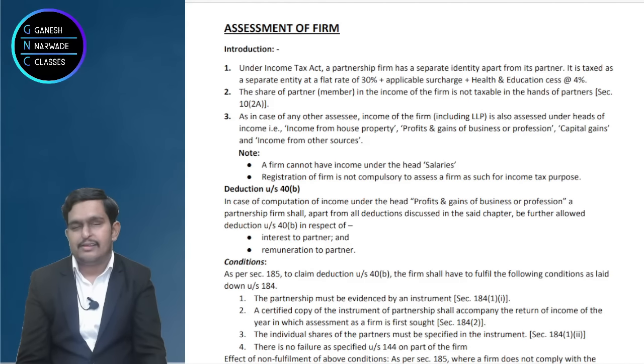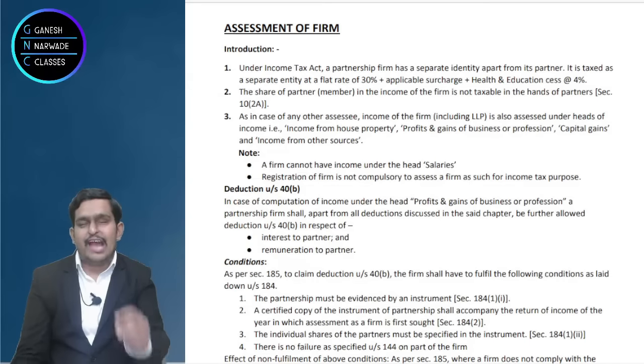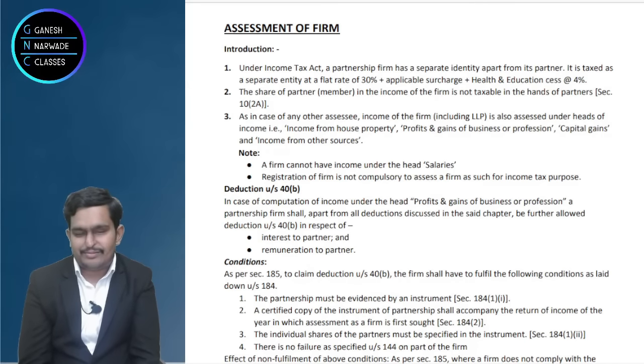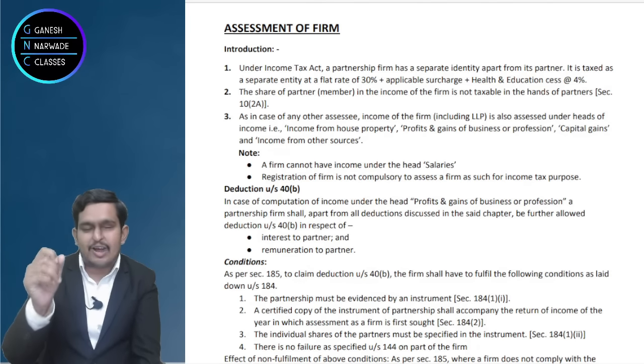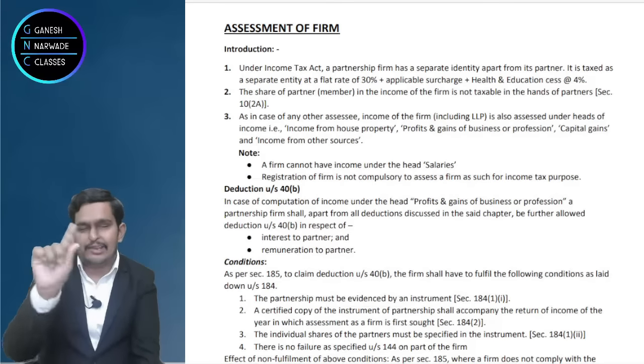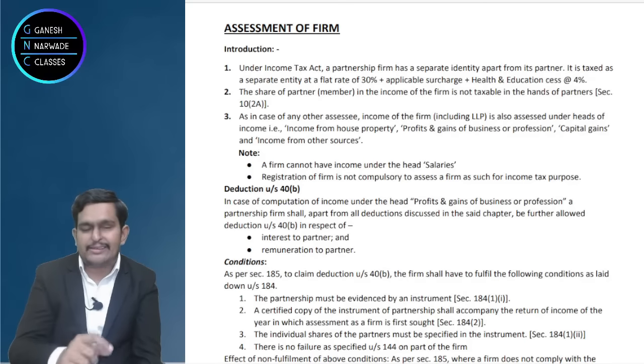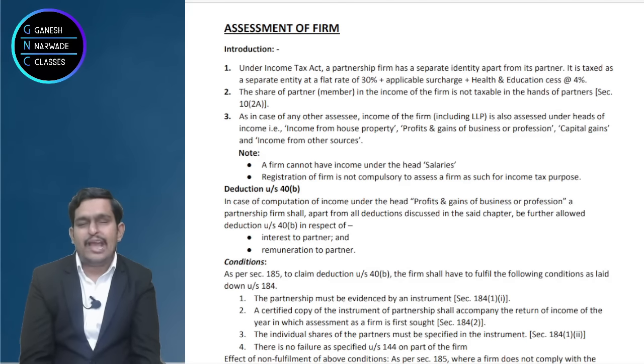Now, we have to calculate the income, right? So what will we take? Sales, gross receipts will be the revenue, minus the expenses, then we get the business income, yes or no? So we have to claim deductions for computing the income of the partnership.